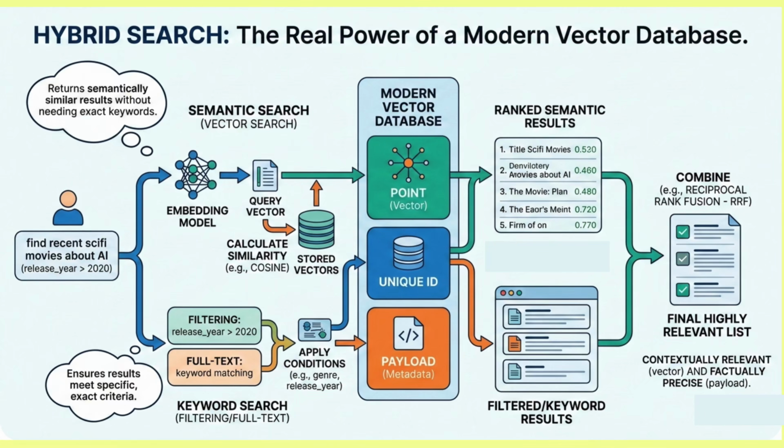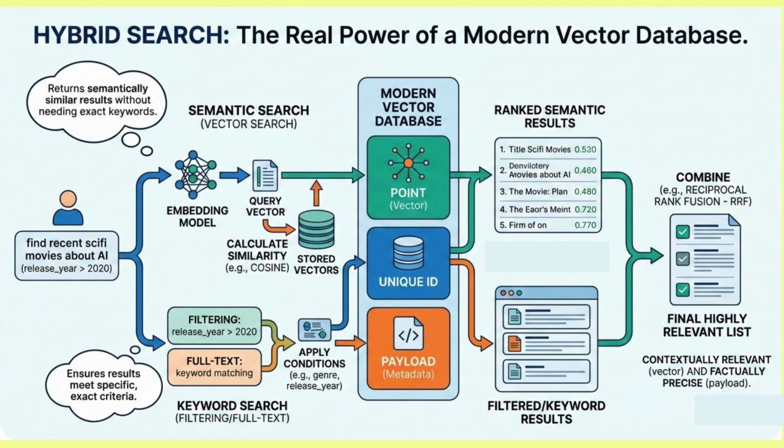First, let's talk about semantic search. This is the standard vector search process, which uses the vector component for relevance. Your query, for example, like movies about AI, is converted into a query vector using the same embedding model. The database then calculates the similarity, usually using cosine or dot product distance, between your query vector and all the stored vectors.